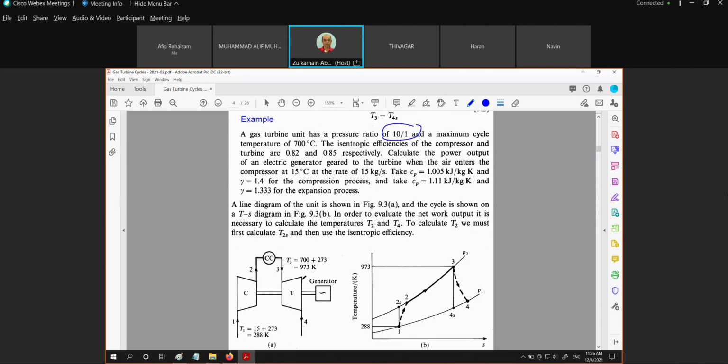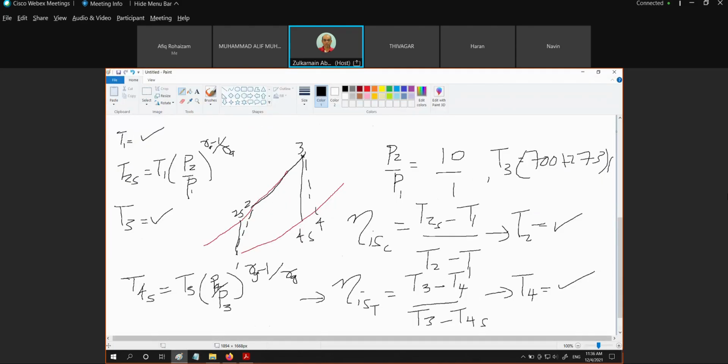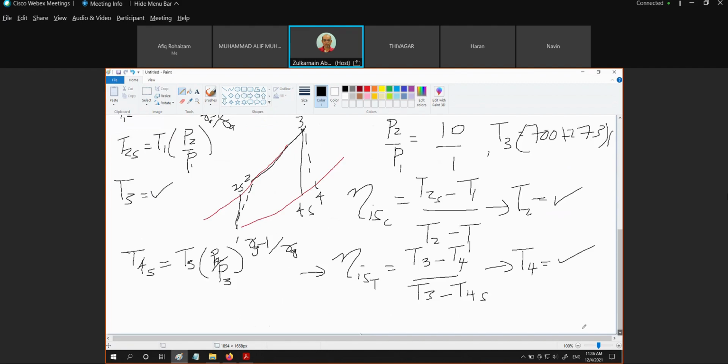Then if you want to know what is the power output of the turbine or the plant, then we use this formula. The power output of the turbine, which is W dot net, is equal to m dot multiplied by the W net.